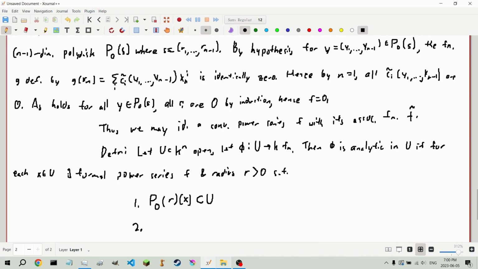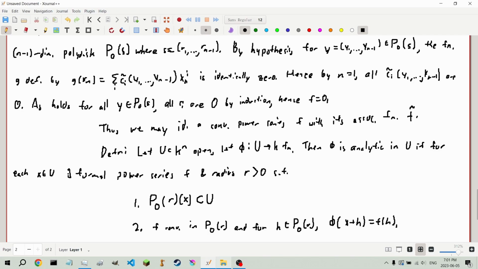And secondly, f converges in the polydisk of radius r, and for h in this strict polydisk of r, phi is just a translated version of f.